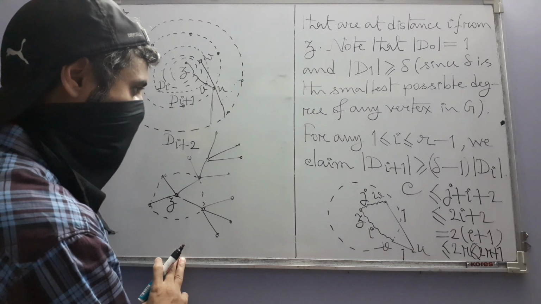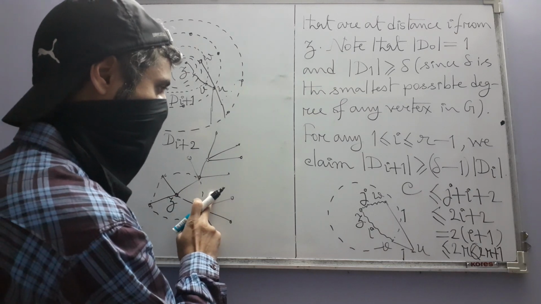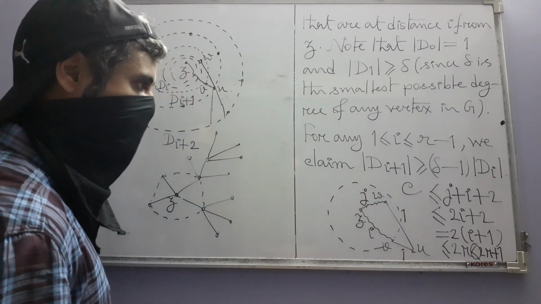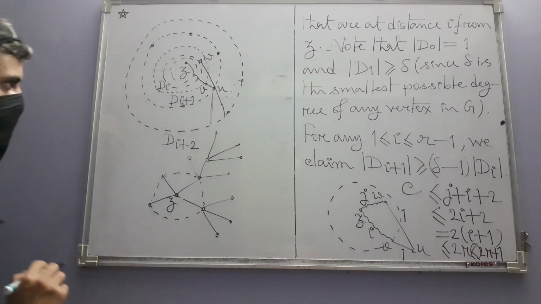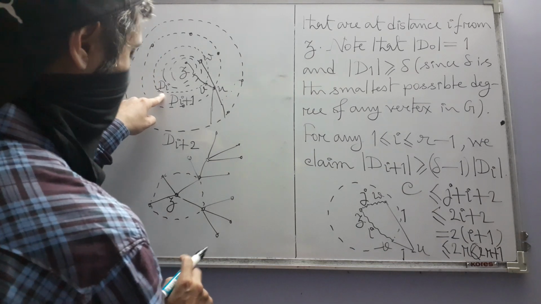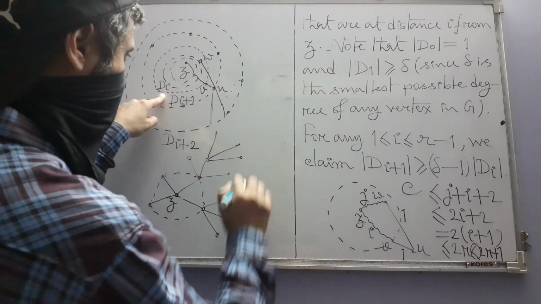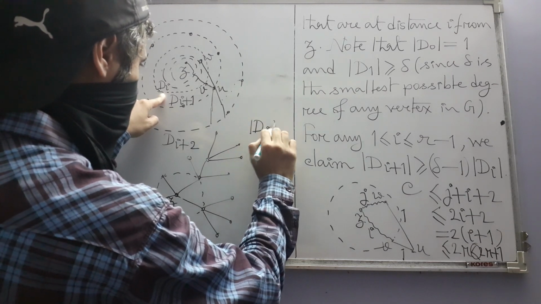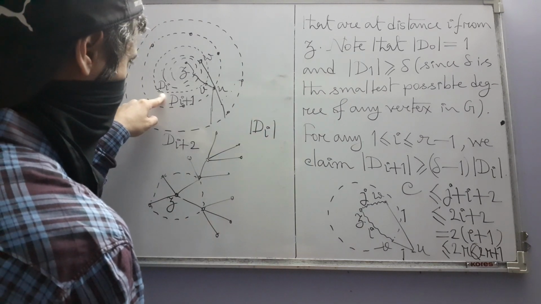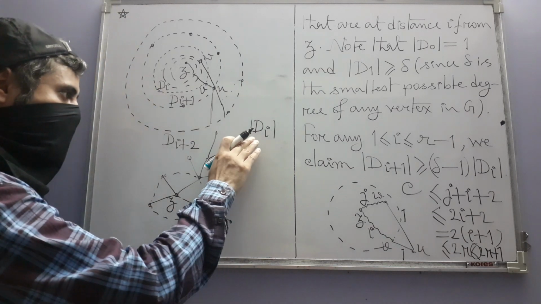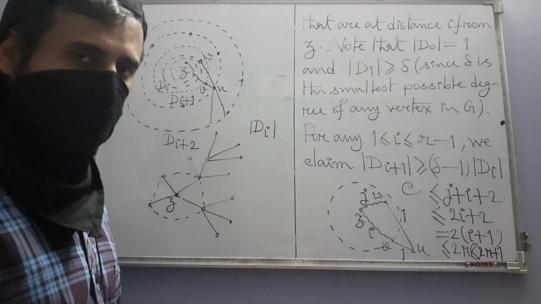But then from this fact we have this. Why? Because if you think of it, what is the size of Di? Okay. And so that means there are that many vertices in Di.